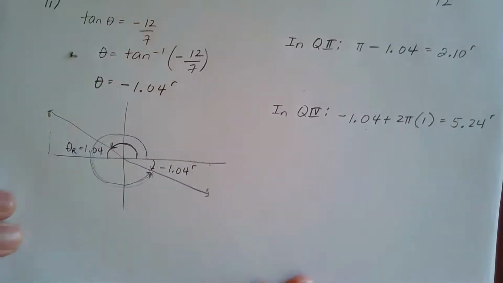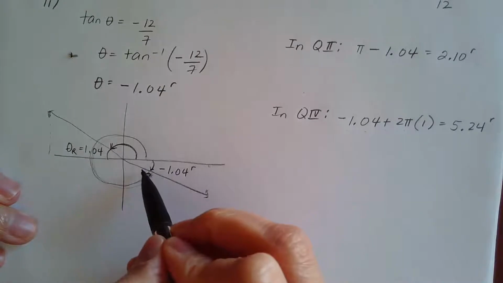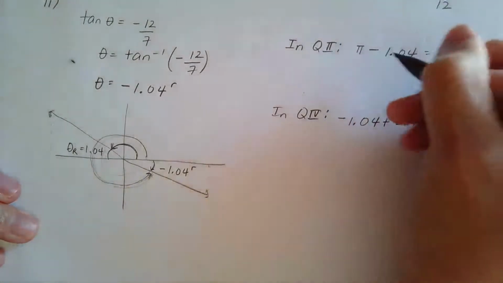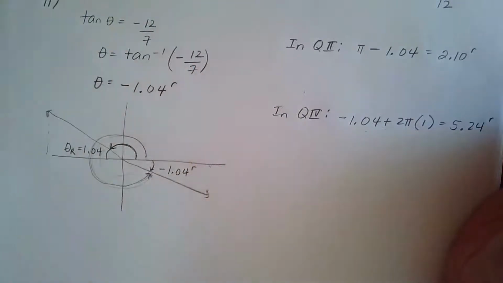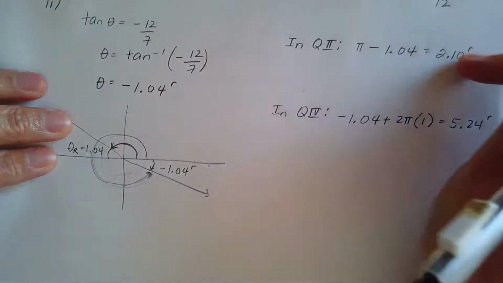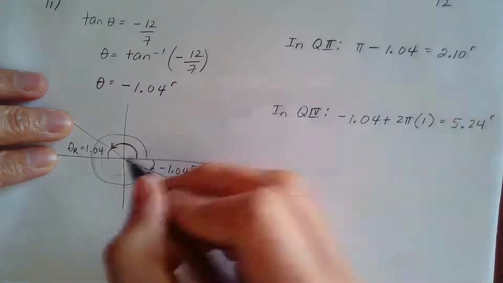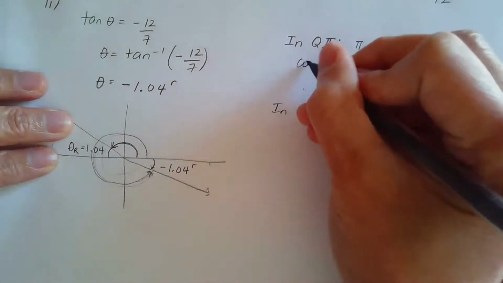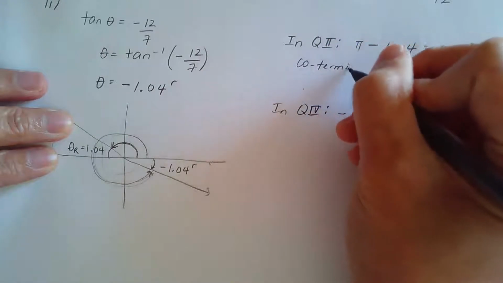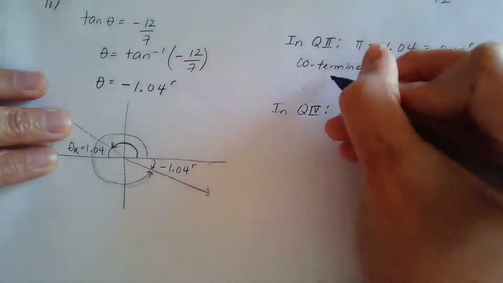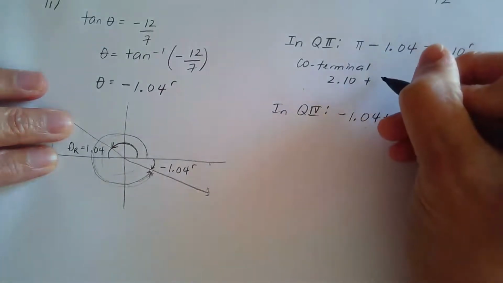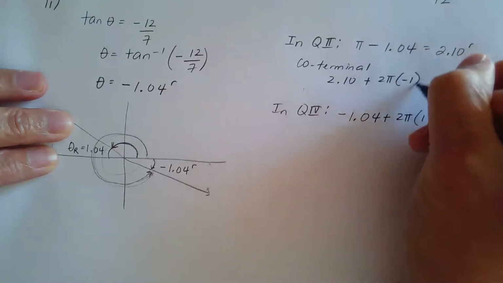Now the coterminal to go the other way around in a negative direction, we can say it's 2.10 plus 2 pi times negative 1.